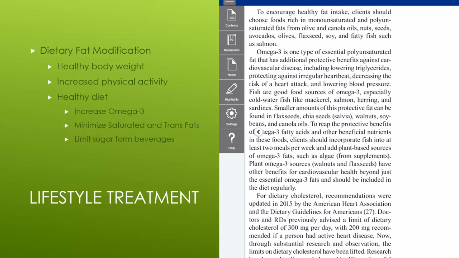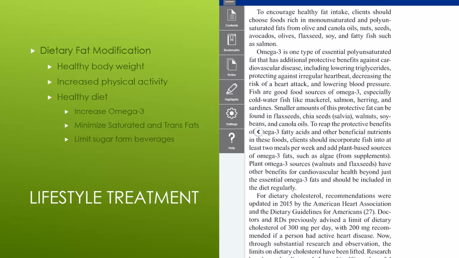With dietary fat modification, and believe me, I'm not a nutritionist, I don't have a license to do nutrition, but there's a couple things that really come into having fat modification in a diet. And you can talk about healthy intake of good fats. You'd like to have foods that are rich in monounsaturated and polyunsaturated fats from olive oil, canola oil, nuts, seeds, avocados, olives, flaxseed, soy, fatty fish such as salmon.